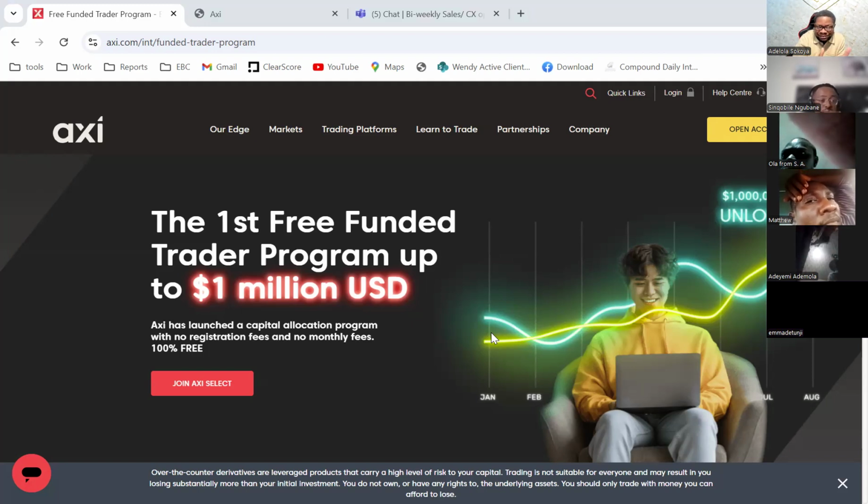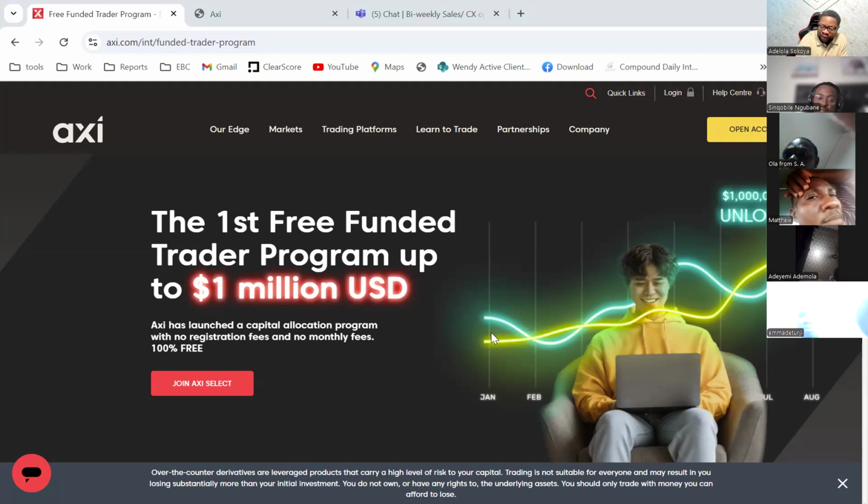AXI Select is one of the brokers, and that was what drew me to you guys when I read up about you. It's one of the brokers that are still working with MetaQuotes. That means all your funded trades are going into a live account.